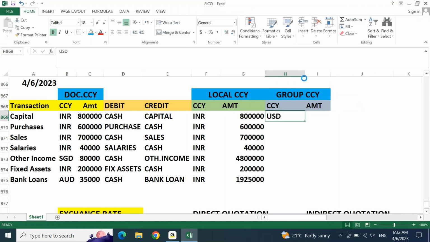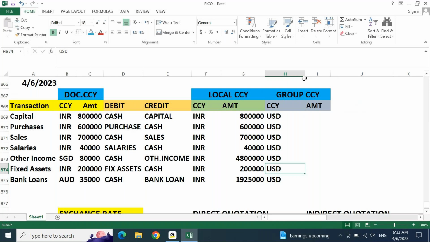Now, is this a fixed logic, or do you have to configure the logic for group currency conversion? It is fixed based on your configuration.